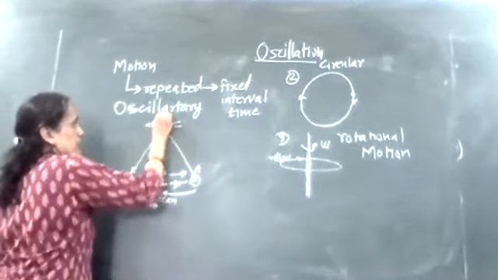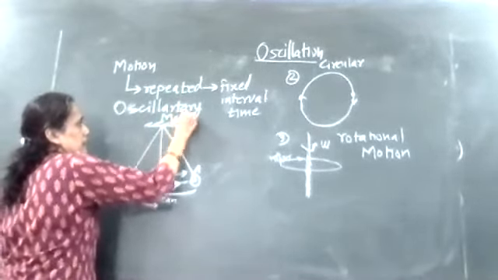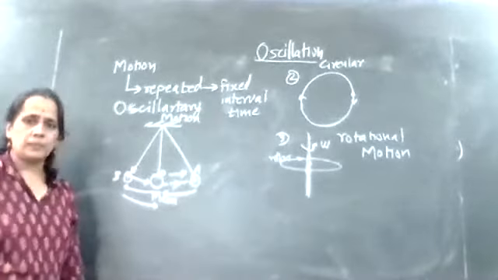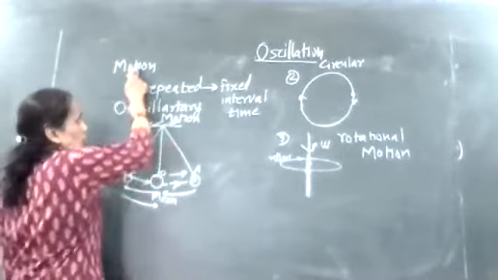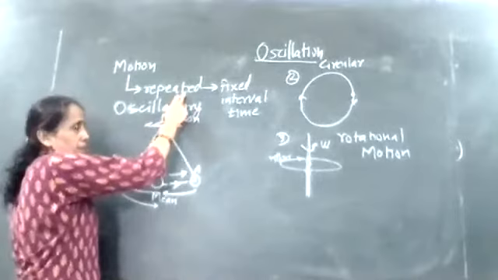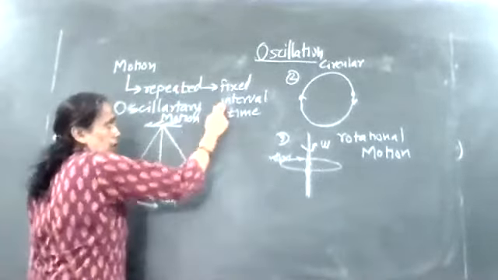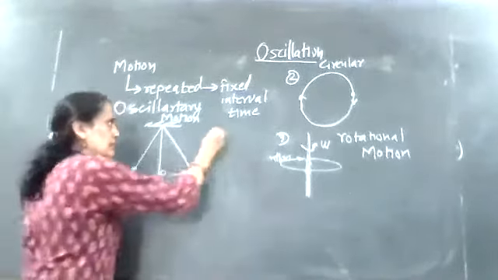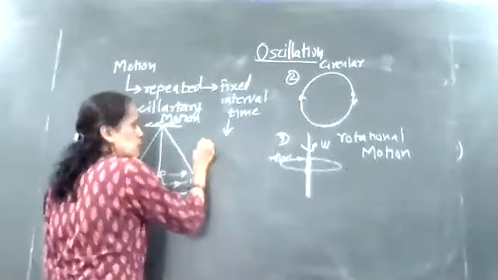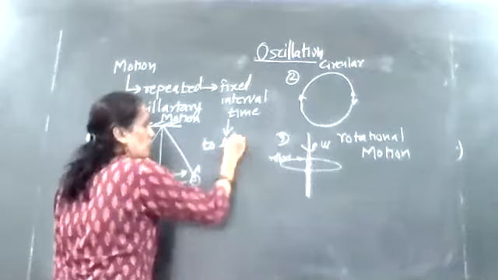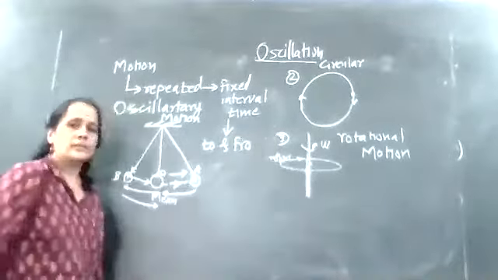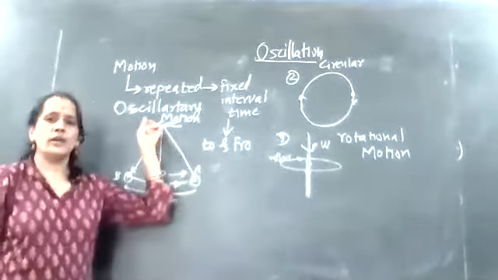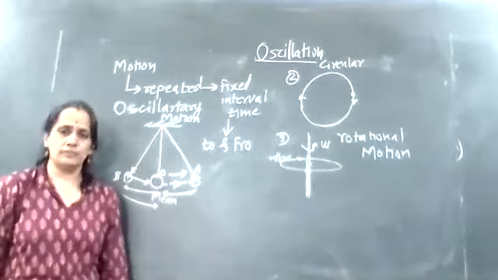So in oscillatory motion, three things happen: one, the motion is repeated; two, the repeated motion occurs after a fixed interval of time; and three, the particle is moving to and fro.